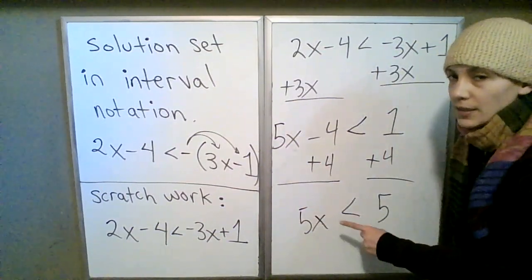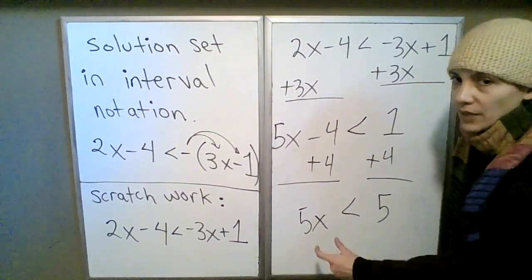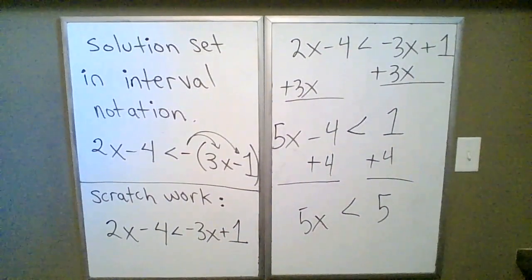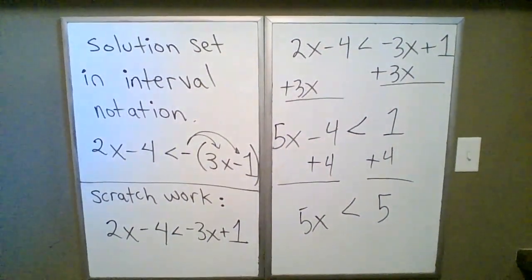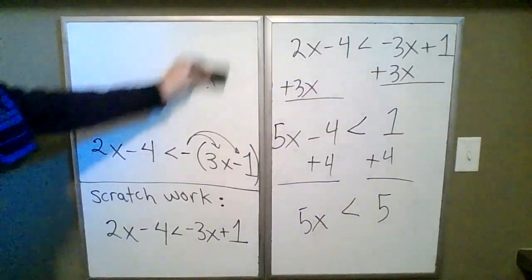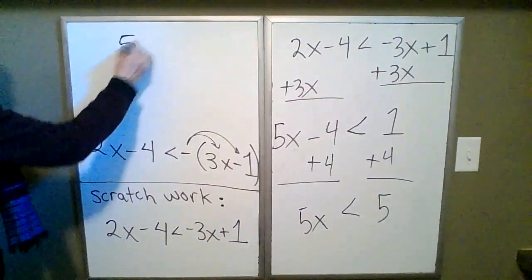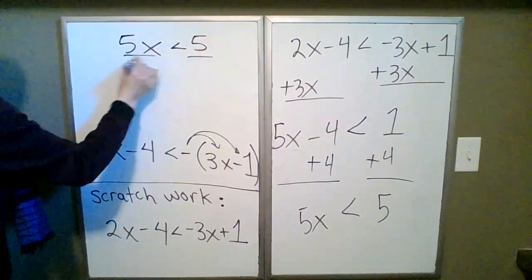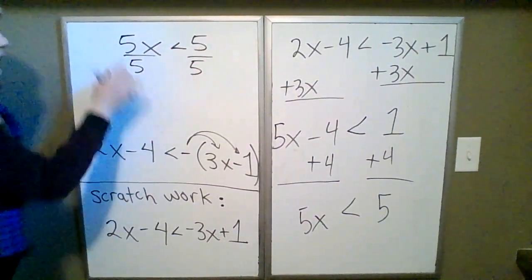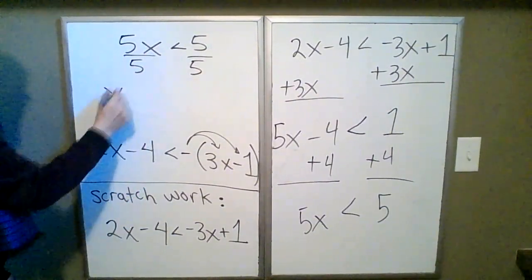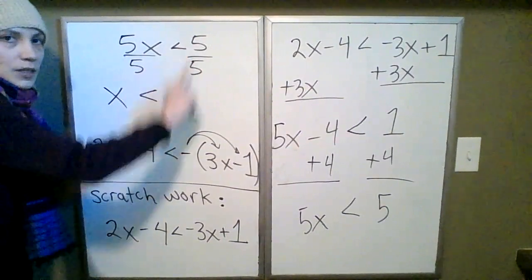We would then divide both sides by 5, and then you've isolated x. 5 over 5 is 1. 1 times x is x. And it's less than 1.